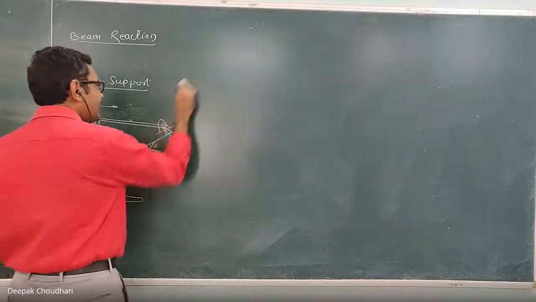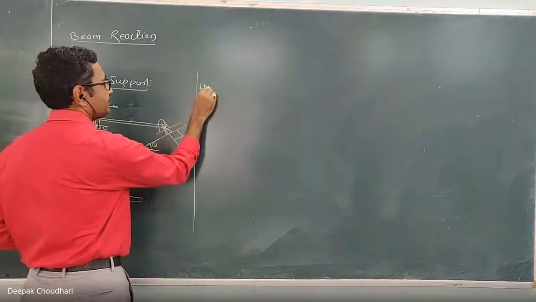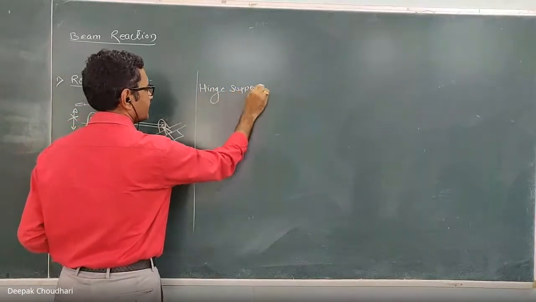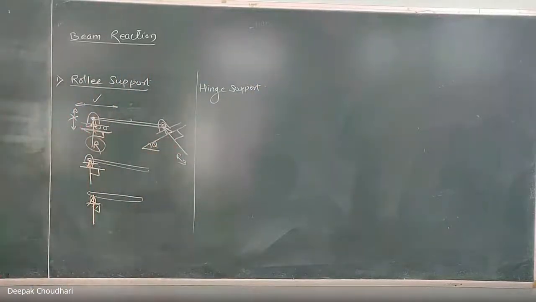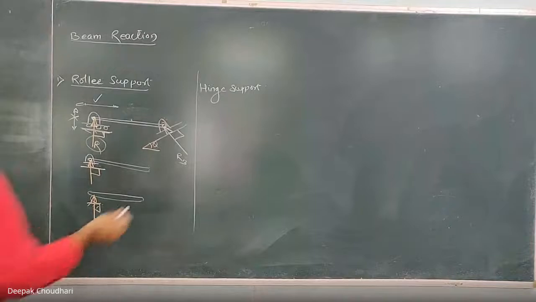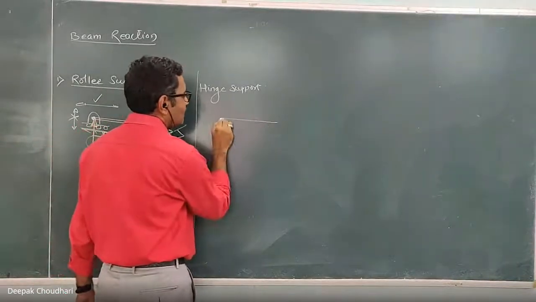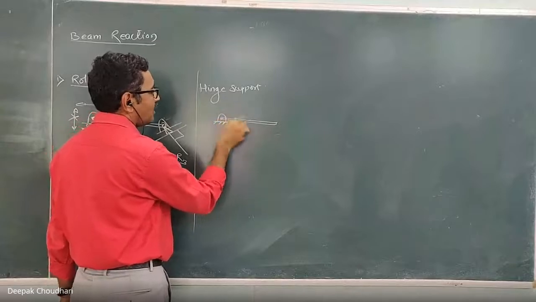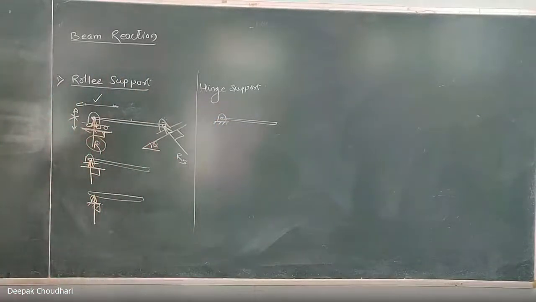The second type of support is the hinge support. In the normal case, the hinge support is the support at which horizontal and vertical motion is restricted.